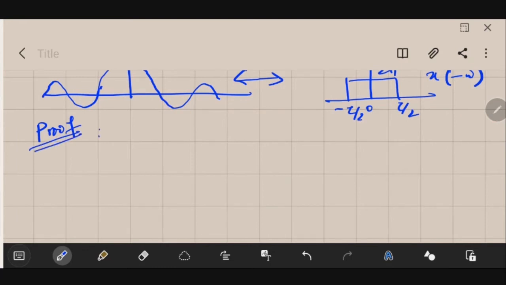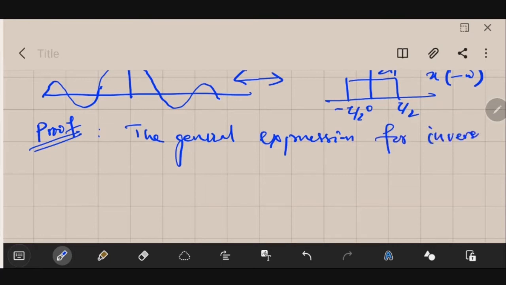So the general expression, you could note it down, for your inverse Fourier transform. Could you tell me what is the general expression for inverse Fourier transform?